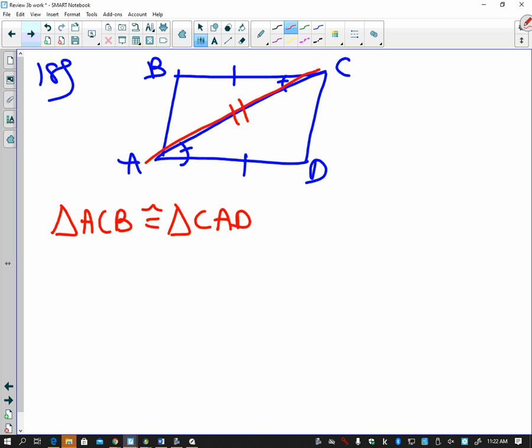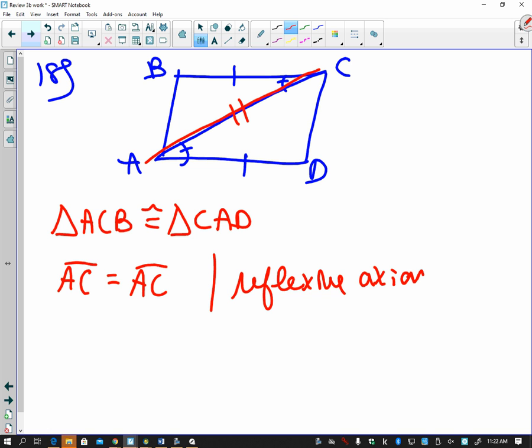So we would say, if we were writing a proof, we'd say AC is congruent to AC through the reflexive axiom, which is short for reflexive property of congruence. Okay, but we say axiom. Now if I look at what I have: side, angle, side. I have side, angle, side. Is that enough to prove that those two triangles are congruent?